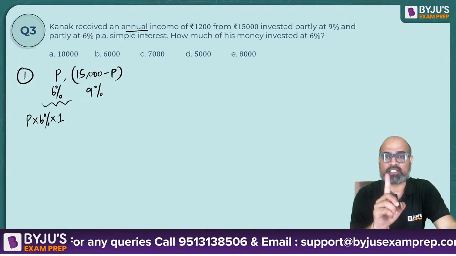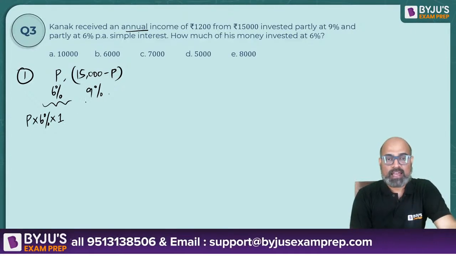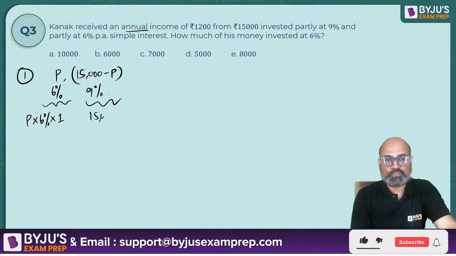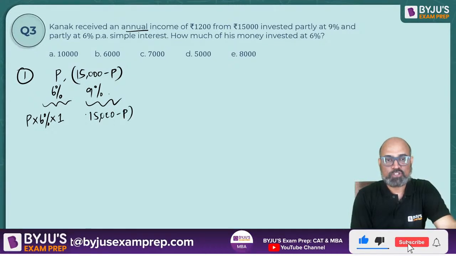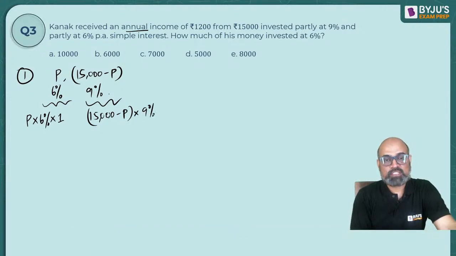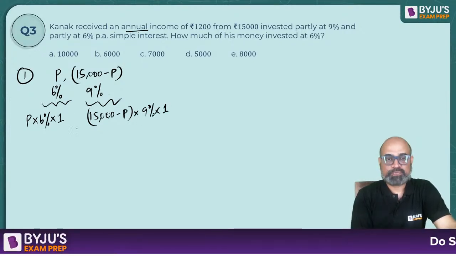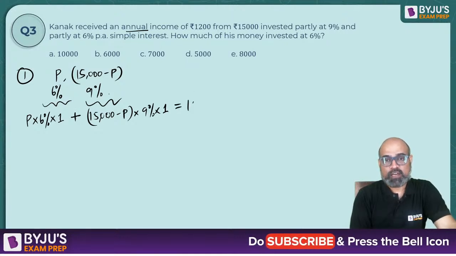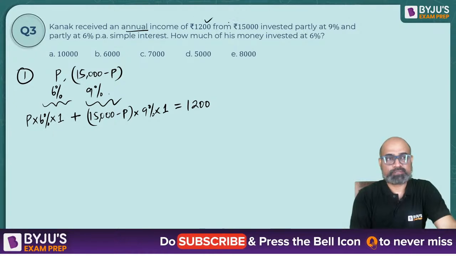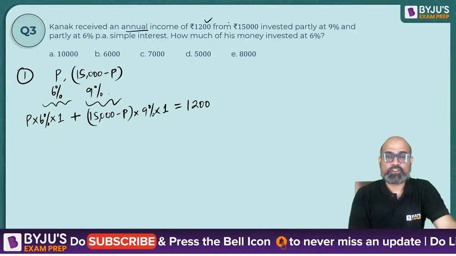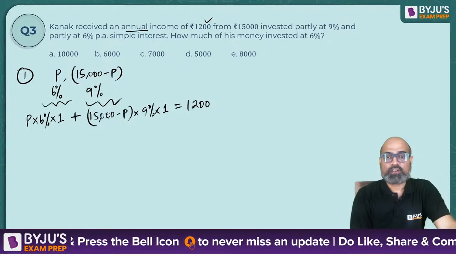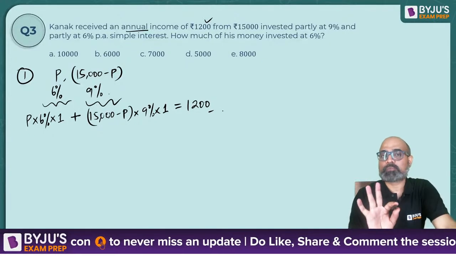Because it's annual income, एक साल का. And the second one is going to be 15,000 minus P, that is your second principal, into 9% into the tenure of 1 year. And these two interests will eventually give you an interest of 1,200. Good evening, Sony. So you go ahead and solve P from here.